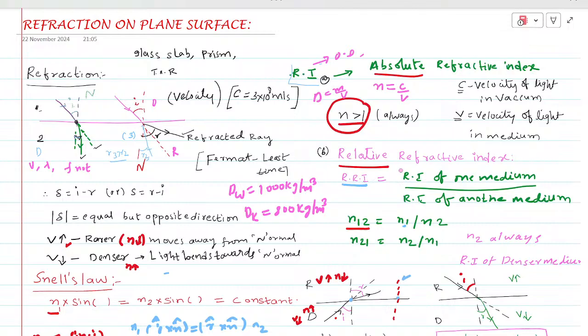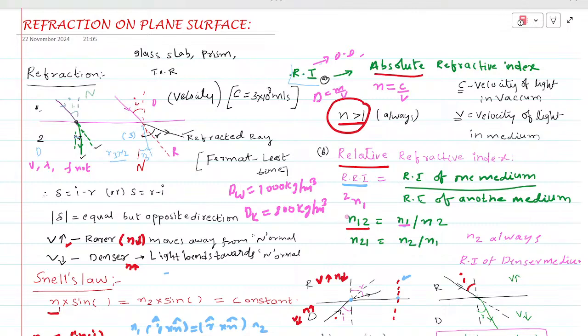The relative refractive index is the refractive index of one medium with respect to another medium. N12 means the refractive index of 1 with respect to 2, N1 by N2. N21 means the refractive index of 2 with respect to 1, N2 by N1.